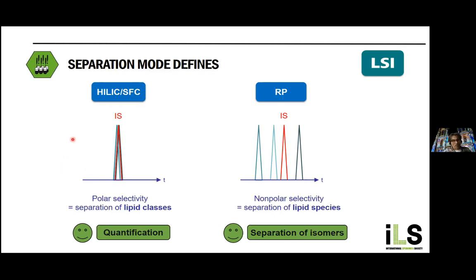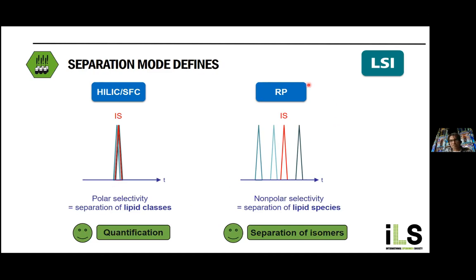I pointed that out already in the first part. That is simple analytical chemistry. An internal standard which is not in the same droplet cannot compensate in an accurate way.